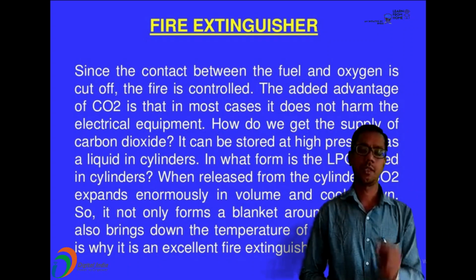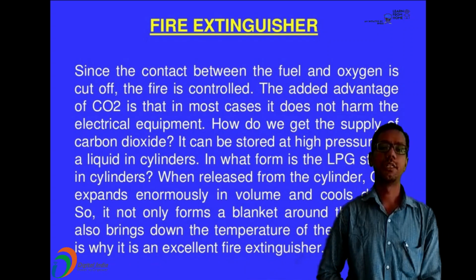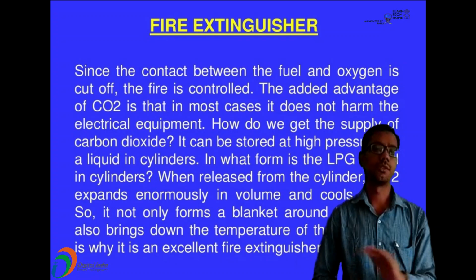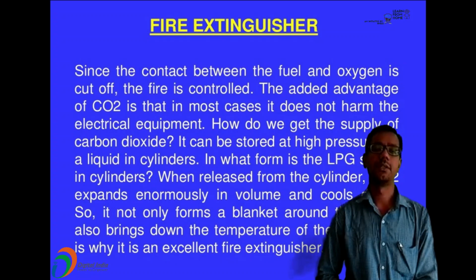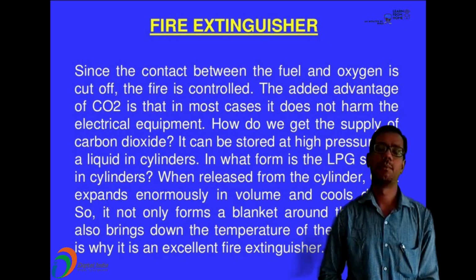Since the contact between fuel and oxygen is cut off, the CO2 gas evenly forms a blanket on the combustible substance.